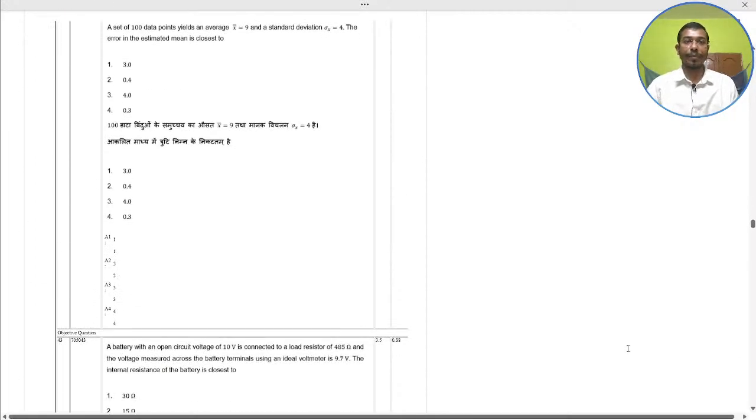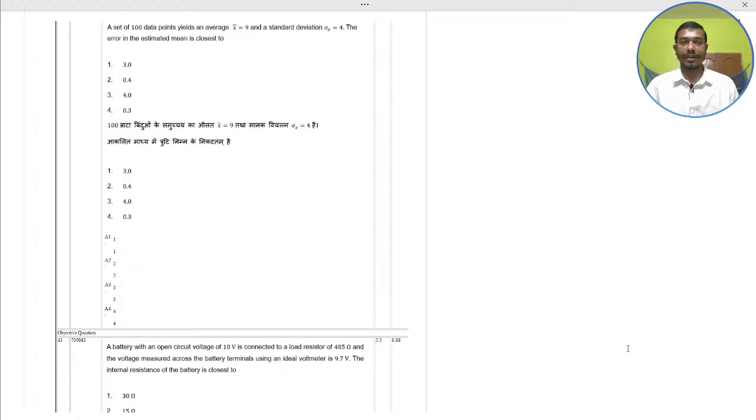A set of 100 data points yields average x bar 9 and the standard deviation sigma x is 4. The error in the estimated mean is closest to what? This is from probability, mathematical physics. So error in mean means the standard deviation divided by root over n.